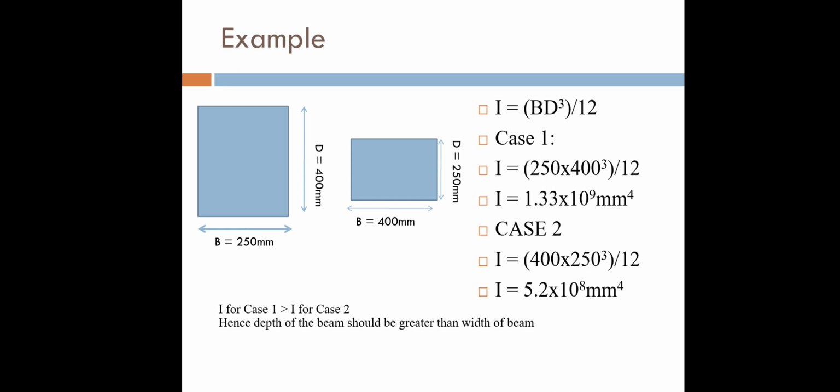Therefore the depth of the beam should always be greater than the width of the beam. In simple words, the beam should be placed with depth greater than the width, so that it will have more resistance towards the applied external load.